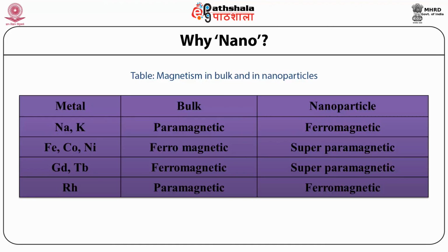In the case of iron, cobalt, nickel, ferromagnetic in the bulk changes to superparamagnetic in nanoparticles. Next, we have gadolinium and Tb, where the ferromagnetic nature in the bulk changes to superparamagnetic in nanoparticle. Next is ruthenium, whose paramagnetic nature in the bulk changes to ferromagnetic in the case of nanoparticle.